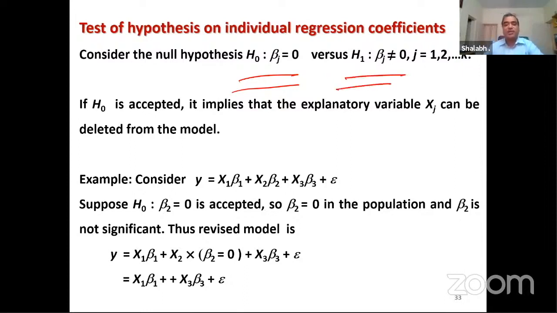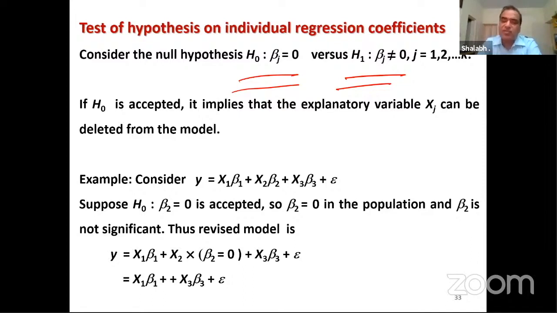If you accept this null hypothesis, that means beta j is equal to 0. The interpretation of beta j is the rate of change in the average value of y with respect to xj. That means when there is a unit change in the value of the jth explanatory variable, how much the average value of y is going to change.